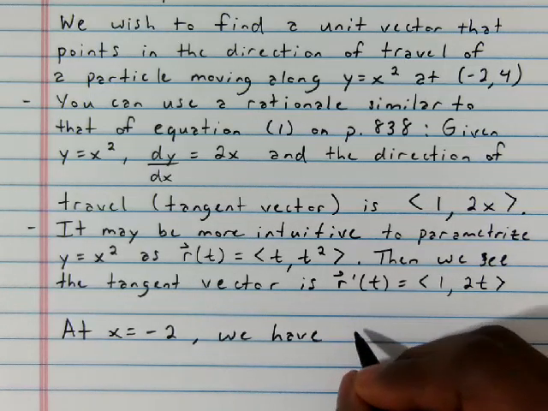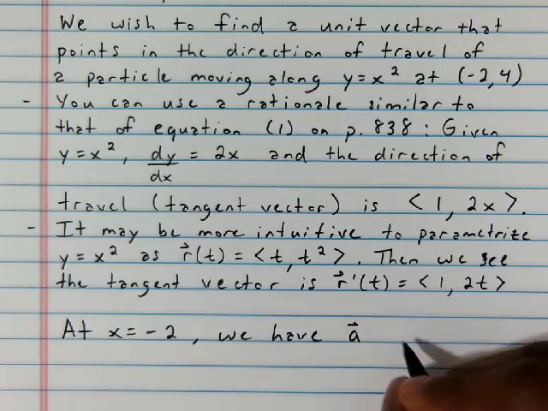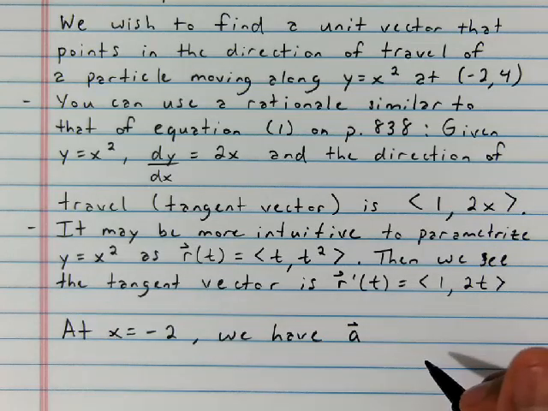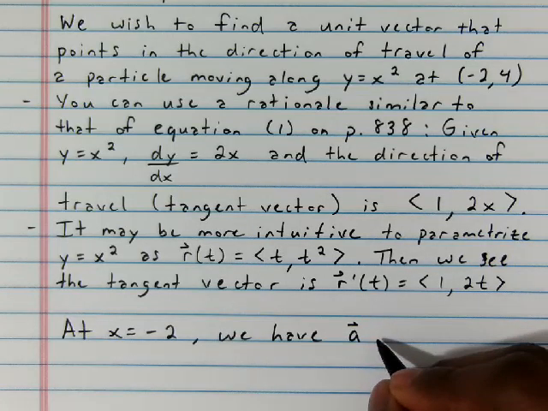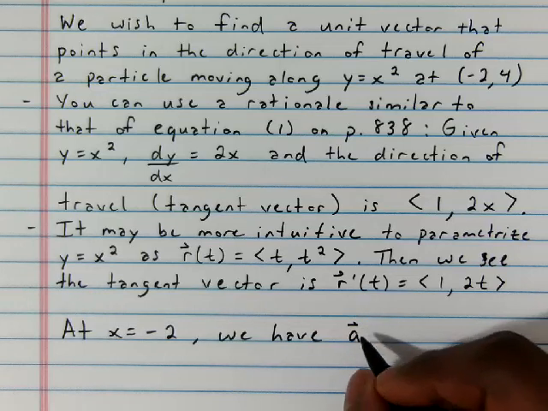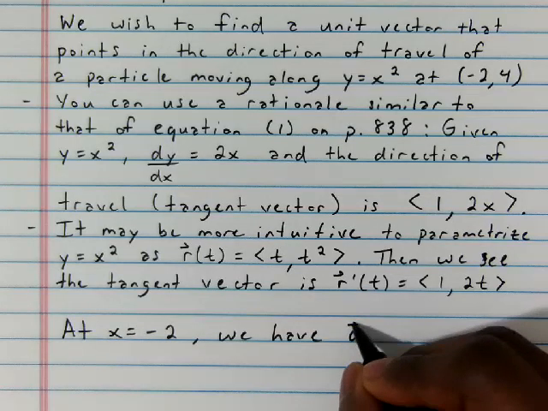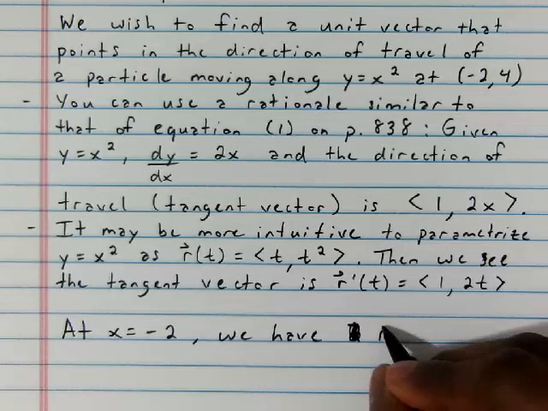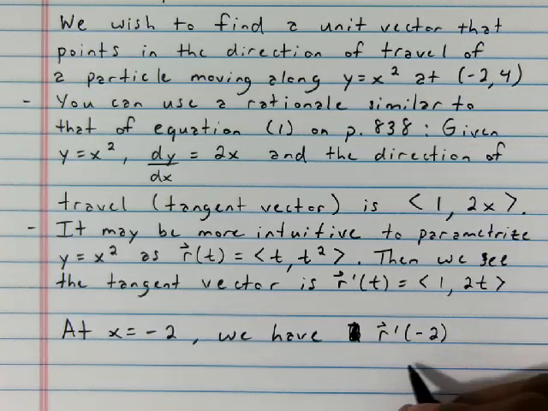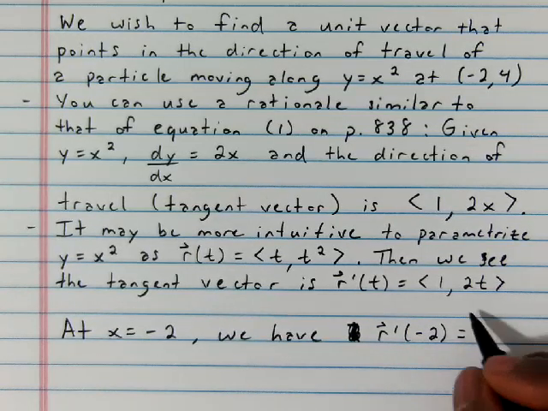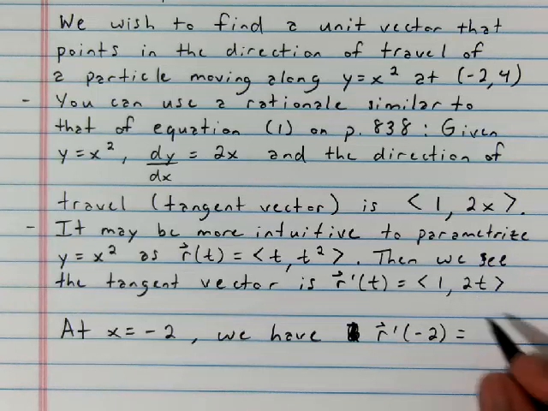So the direction vector, before it's a unit vector for directional derivative problems, we normally call it a. So that's why I'm calling it a here. This is not an a for acceleration. Actually let's just call it r prime of -2, so that we don't think it is acceleration. So r prime of -2 equals 1 comma -4.